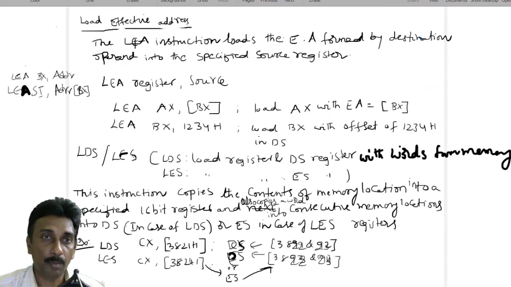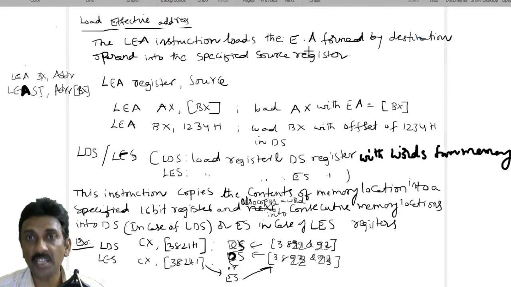Now let us discuss the load effective address. The load effective address instruction loads the effective address formed by the destination operand into the specified source register. The format of LEA is: LEA register comma source, for example LEA AX, [BX].